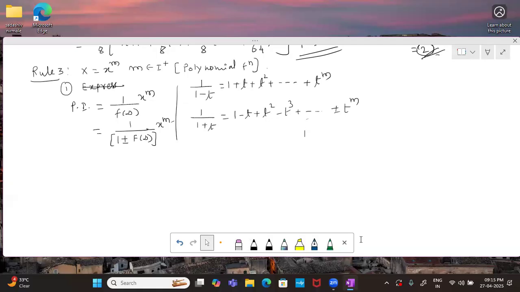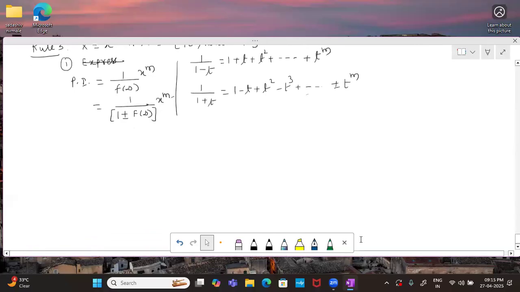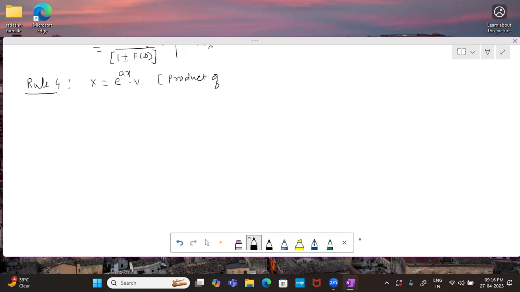Okay, and now we'll see rule number 4, shortcut method. Capital X is e raised to ax into V. So actually, this is a product of an exponential function and any other function.